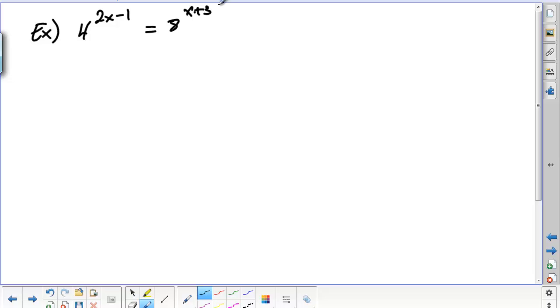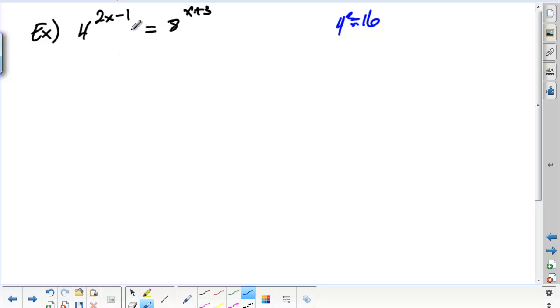Alright, so working this out, again, those two sides need to be powers of the same base. So can we rewrite 8 as a power of 4? We really can't do that, right? 4 squared is 16. 8 is less than 16, so this just doesn't work out, right? We can't rewrite the 8 as a power of 4.